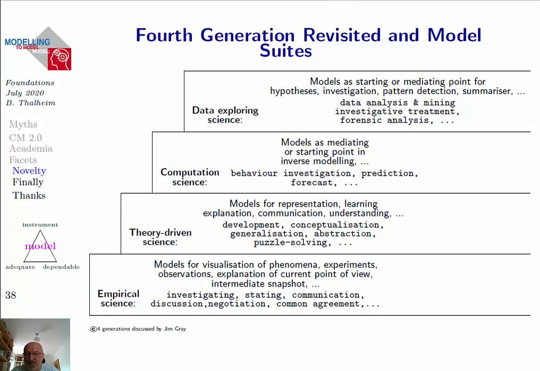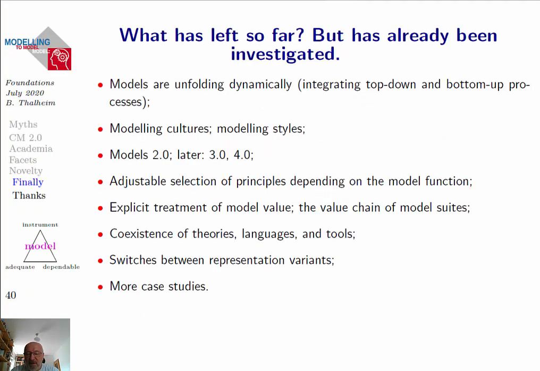Okay, let me come now to the final remarks of these lectures. What has been left? What has already been investigated? Okay, what we have already pretty ready is we can integrate top-down and bottom-up processes of model development, and models are unfolding dynamically. We have already a number of modeling styles that can be combined to modeling cultures.